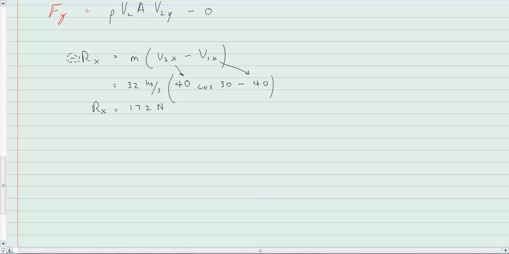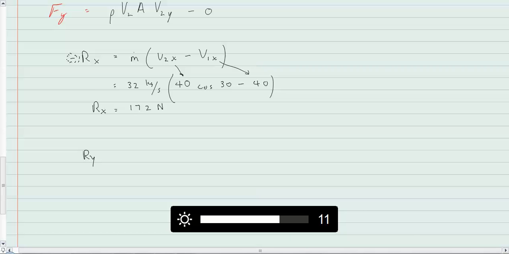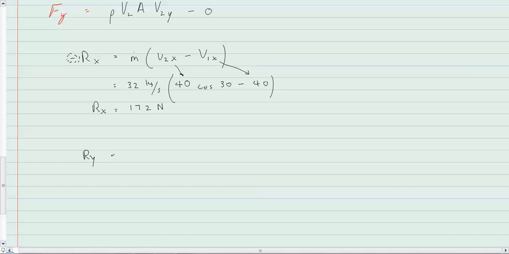To finish off the problem, to push something up into the y direction, we certainly have to apply a force in that direction. So we'll have this final equation, m dot times v2y minus v1y, which again we said was 0.